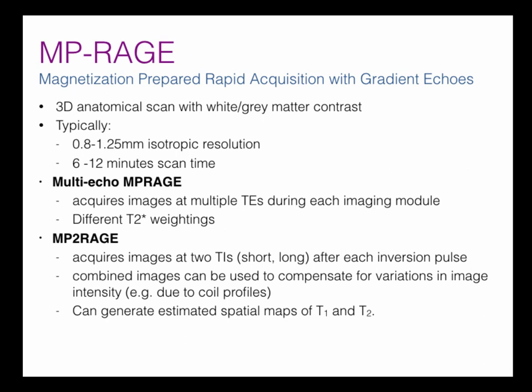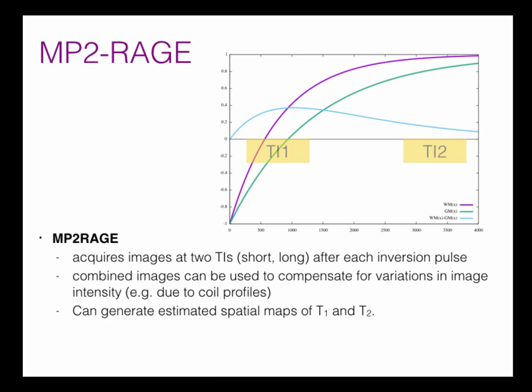And recently we've been using an MP2RAGE sequence, which requires 2 different TIs and has possible advantages, because it's supposed to be able to make spatial maps of T1 and T2 throughout your subject. Almost all imaging protocols involve some kind of anatomical imaging, and typically they'll include an MP-RAGE or an MP2RAGE scan.